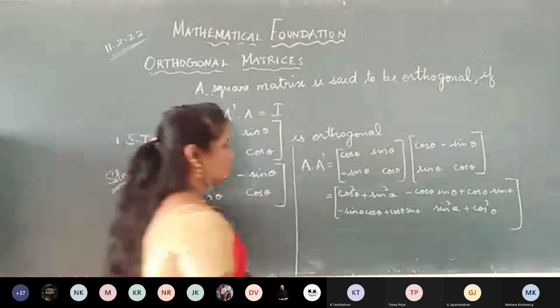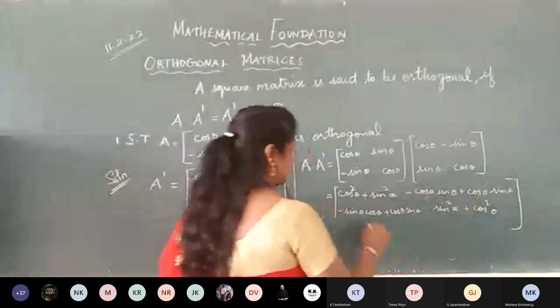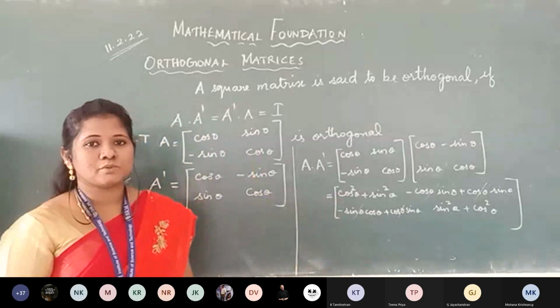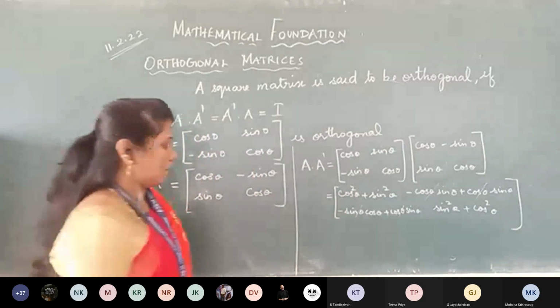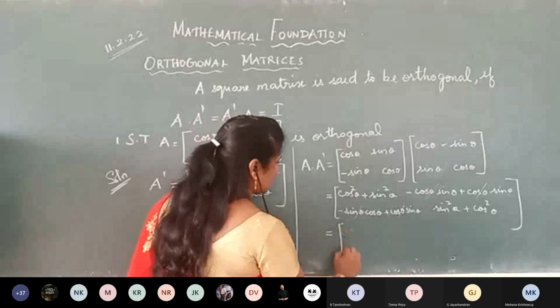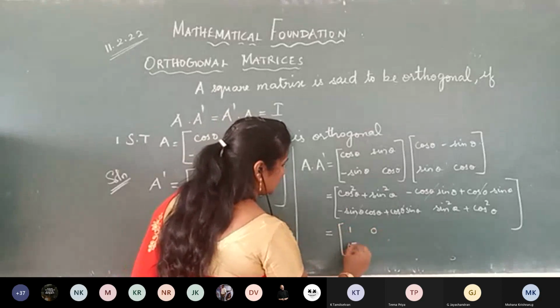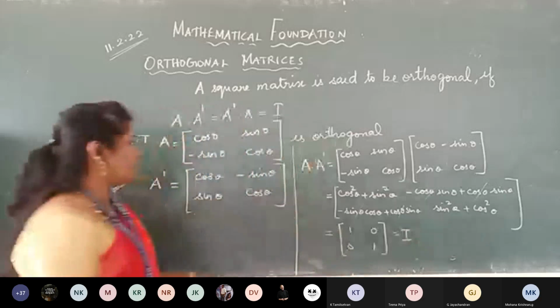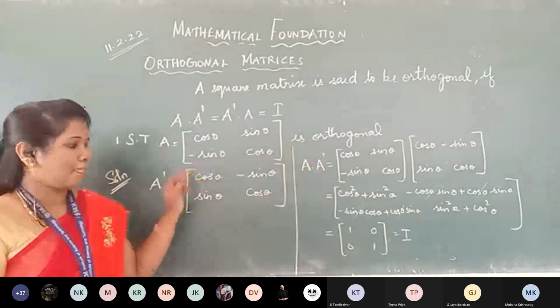So these two terms get cancelled. Here also it gets cancelled. You know cos square theta plus sin square theta is equal to 1. That's the formula. So it will become 1, 0, 0, 1, which is your identity. So the given matrix is orthogonal.